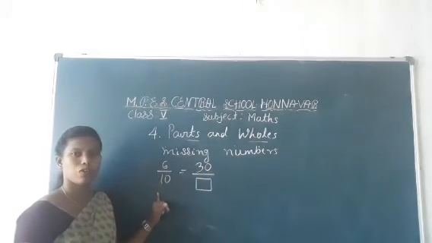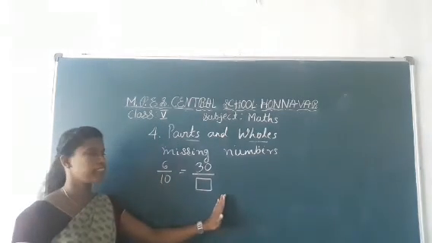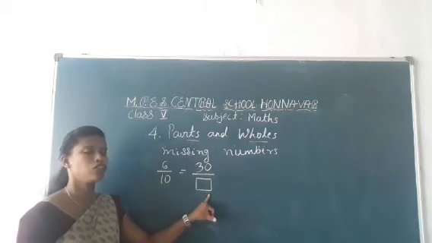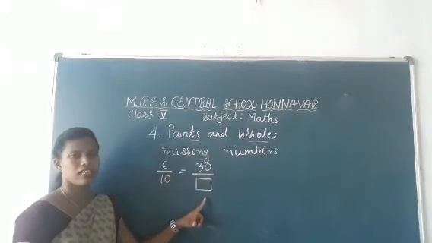In the LHS part we have 6 by 10. In the RHS part we have only 30. In the numerator we have 30. In the denominator we don't have any number. We write the missing number here.